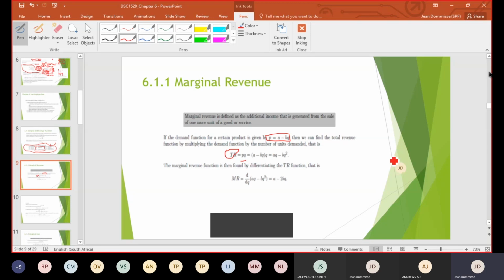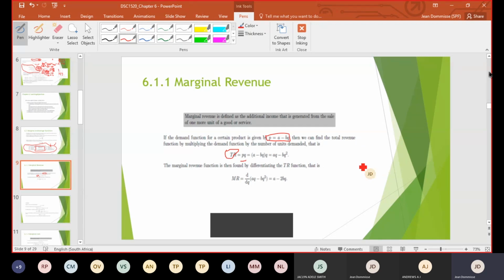P times Q. For P, you would have a formula, and if I think back into nearly assignment 1 and assignment 2, when we looked at some of the demand and supply functions, we always had the P simple function that they give us.